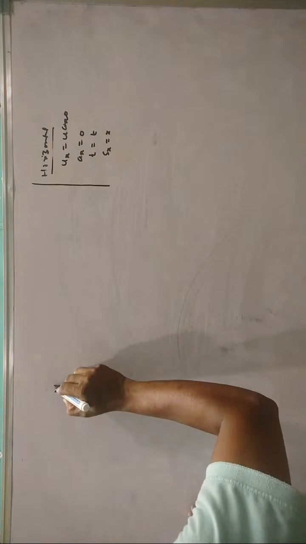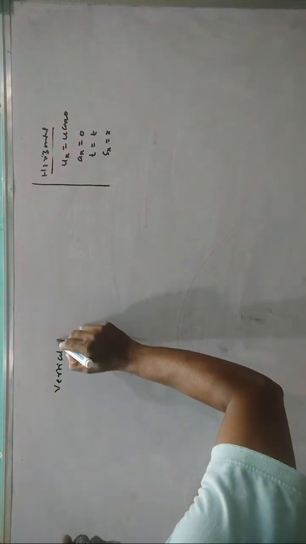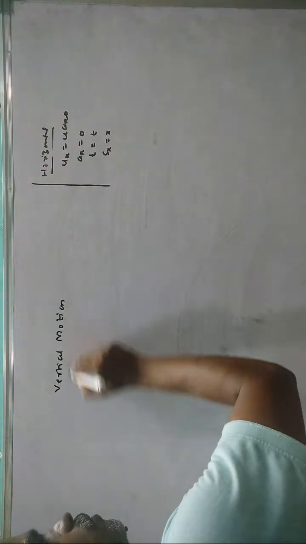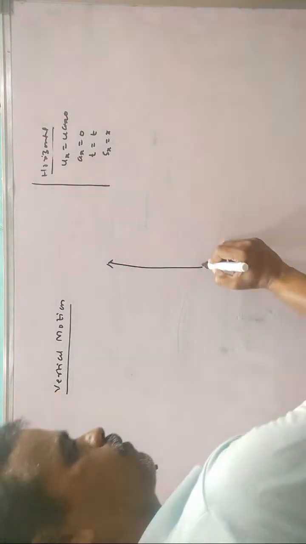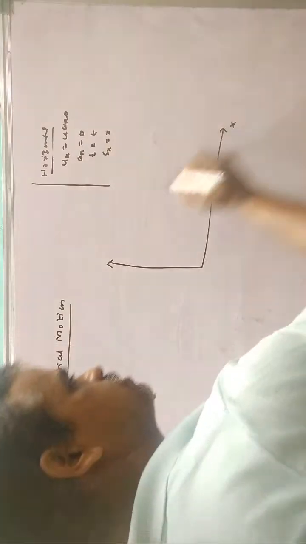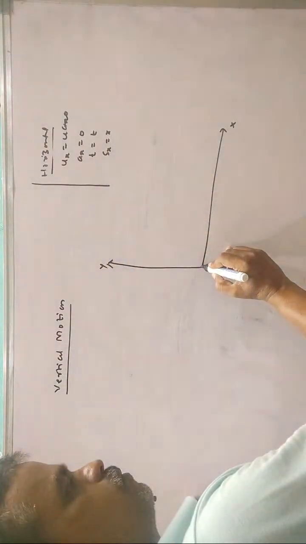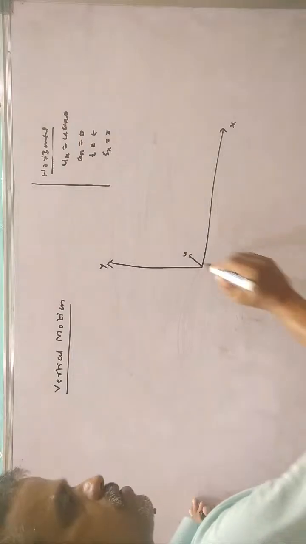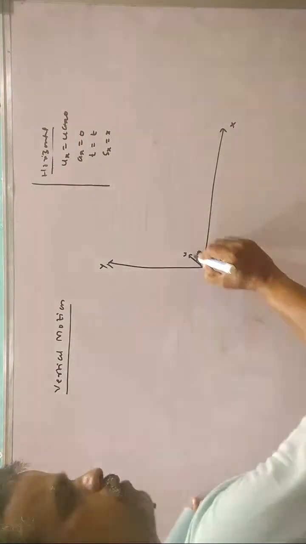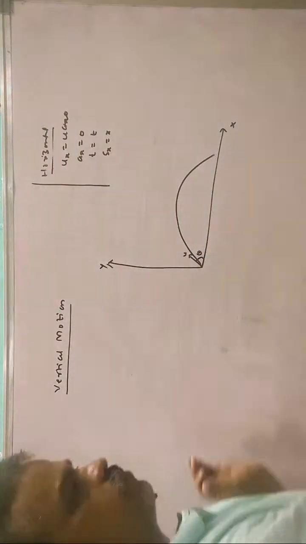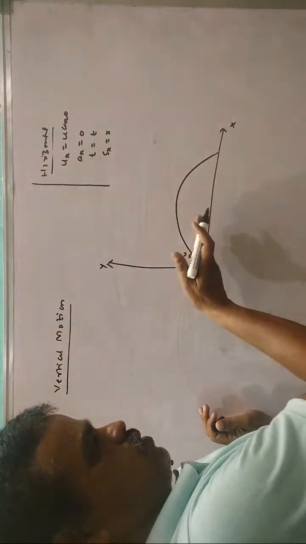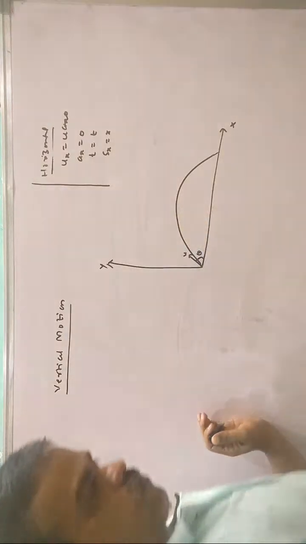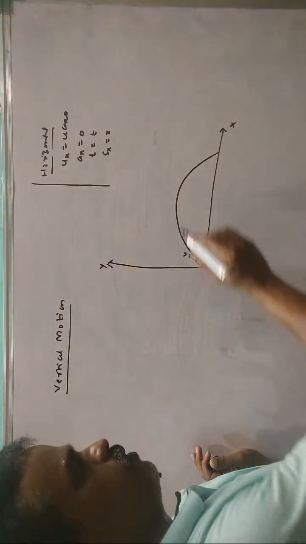Okay, now I want to discuss vertical motion. So I'm drawing once again. This is the x-axis, this is the y-axis. This is initial velocity u making angle theta. You projected obliquely. So this is vertical, this is horizontal.